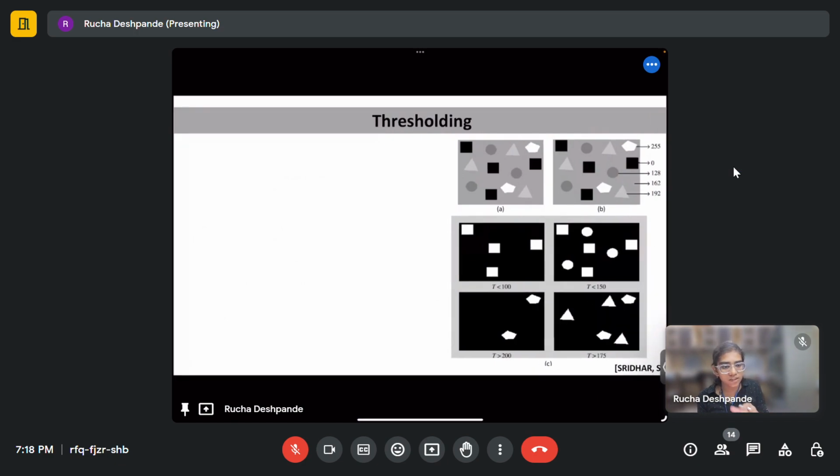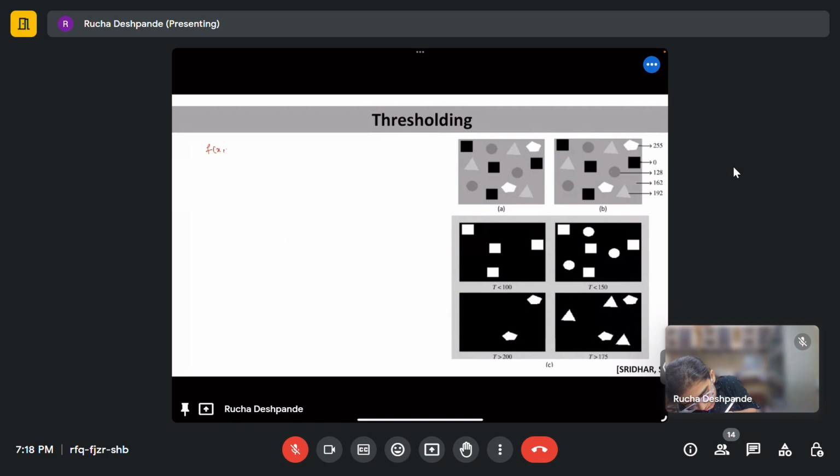Yeah, so this is another type of transformation. In the case of thresholding, there is a particular threshold value above which the function can take one form and below which it can take a different form. Suppose it is 1 for f of x comma y less than or equal to a threshold, and 0 for f of x comma y greater than the threshold.